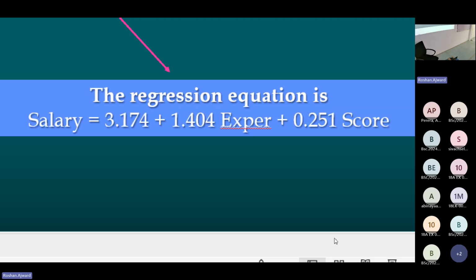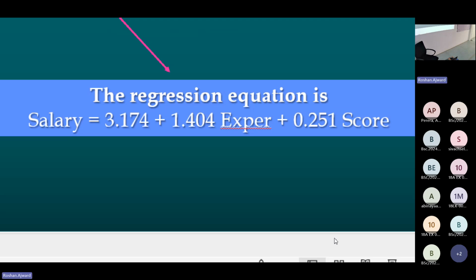What is 3.174? That's the intercept. What does it mean? It means when all of the independent variables are zero, what salary the computer programmer will be getting. That means when a computer programmer has zero experience and zero marks, what's the salary that person should get?